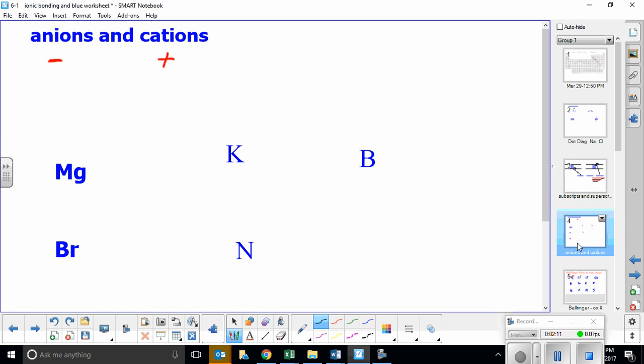Next, we're going to look at anions and cations. And we learned the last chapter, we talked about atoms having no charge. Well, an anion or a cation is an atom that has gained or lost electrons and now does have a charge. So anions, by definition, have a negative charge, and those are going to be the nonmetals in the periodic table.